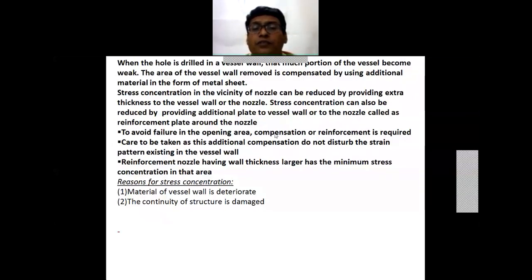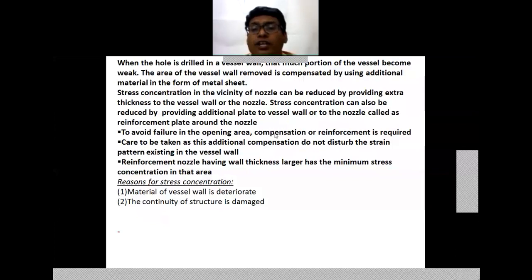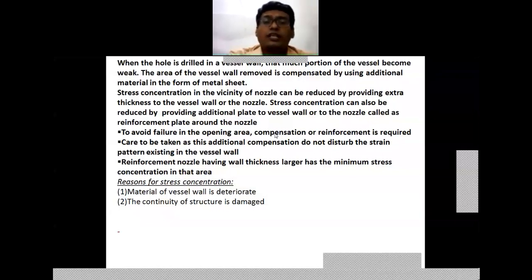Then a reinforcement nozzle having a larger wall thickness has the minimum stress concentration in that area. Then the reasons for stress concentration: the material of the vessel wall deteriorates and the continuity of the structure is damaged.